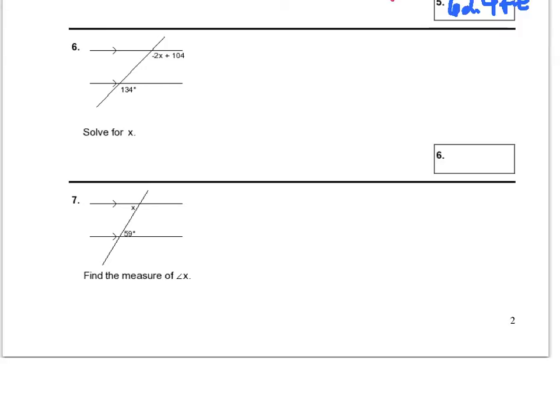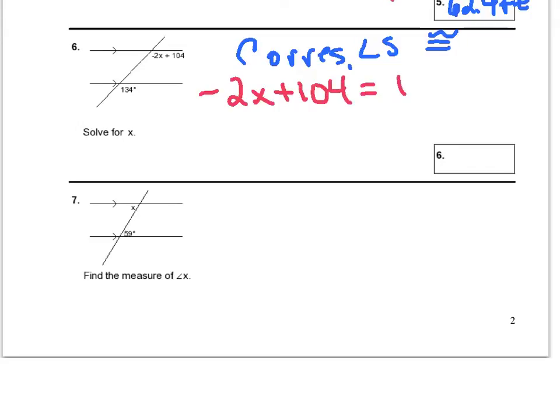Problem number 6. Again, what kind of angles are these? They're corresponding angles, and those angles are always congruent. So we're going to set this problem up. Negative 2x plus 104 equals 134.